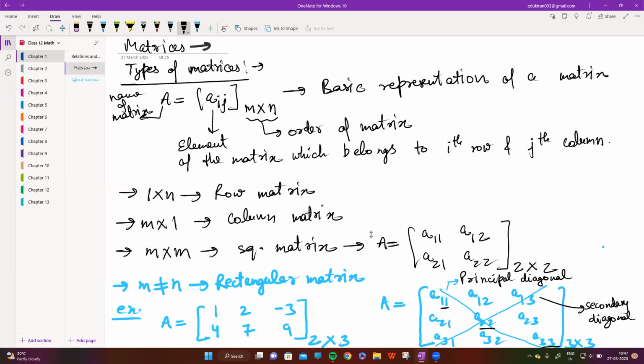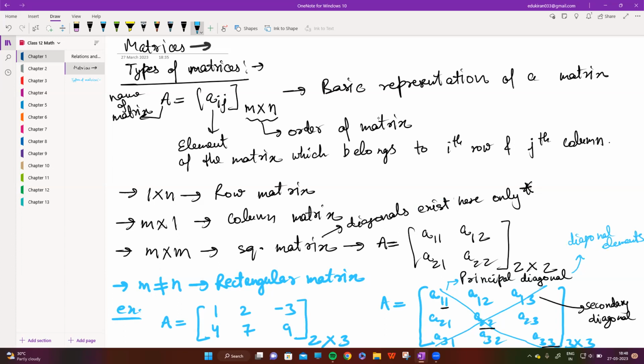Now remember, the concept of diagonal only exists for a square matrix. Diagonal exists here only. Always remember this. So all the elements which lie in this principal diagonal are known as diagonal elements.